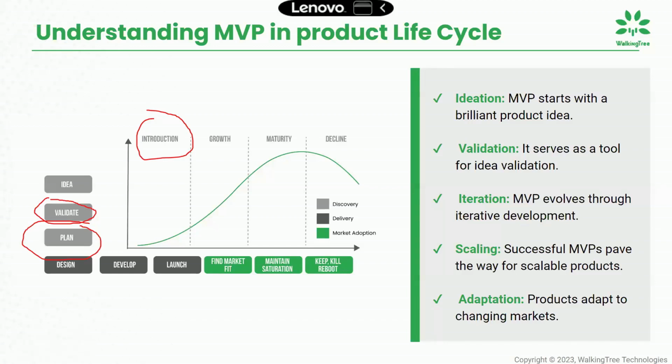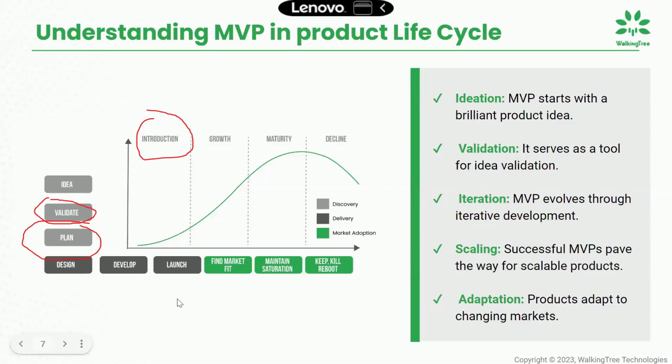So to avoid all this, and to get into the market faster and validate your product idea, MVP comes into place in this introduction phase, where you identify the minimum viable features that you want to implement, develop a product, and release it to the market, launch it to the market.